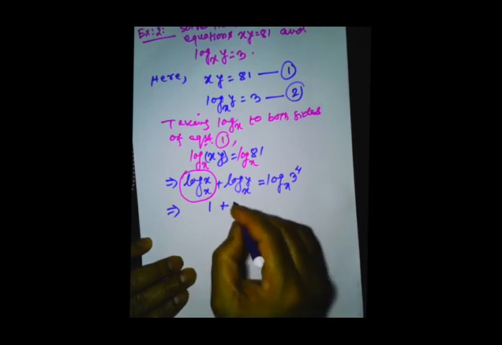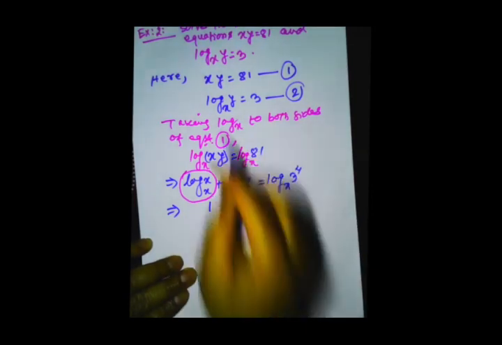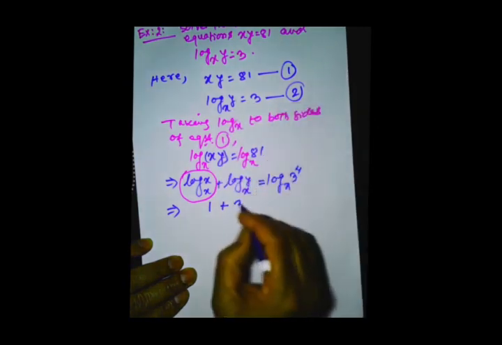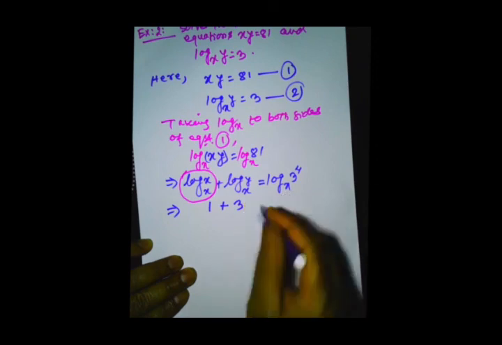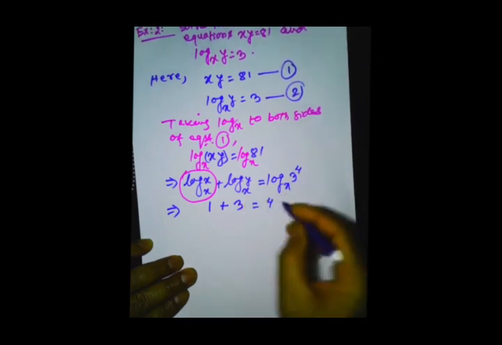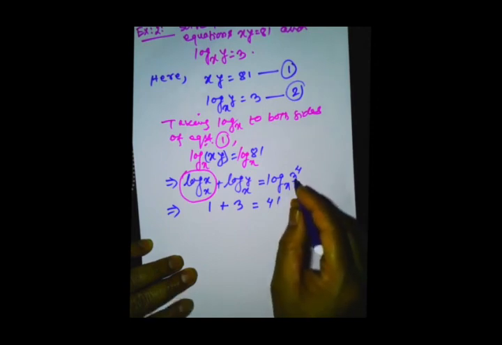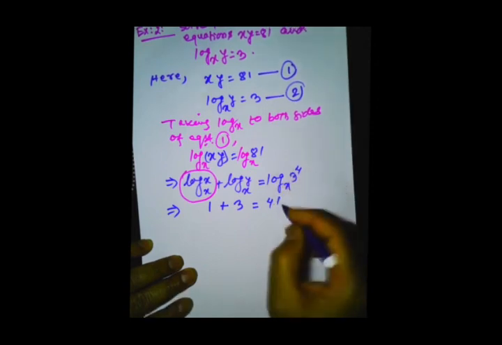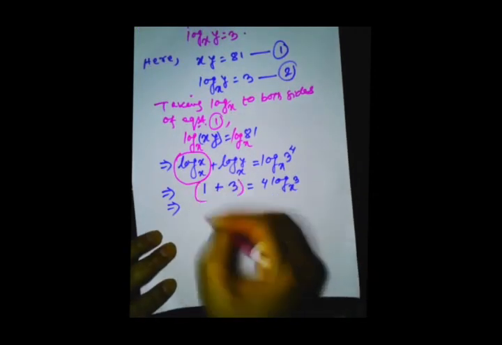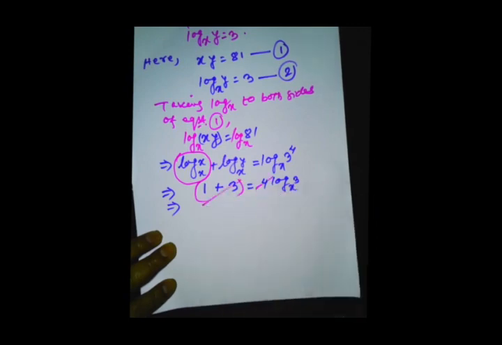Plus you have log of y to base x is 3 from equation 2, so we write here 3, and the 4 will be in front when you apply the power rule to this term. So then it is going to be 4 times log base x of 3. You can see in this case 1 plus 3 is going to be 4, so 4 on both sides have been cancelled out.